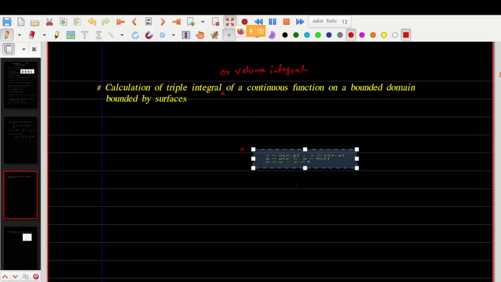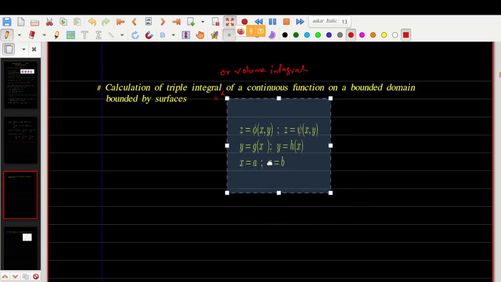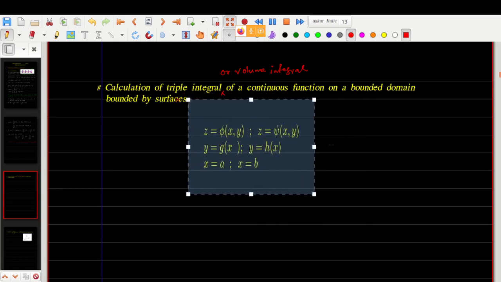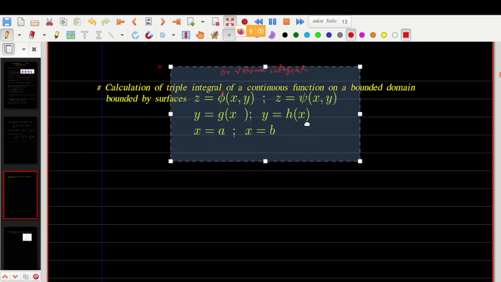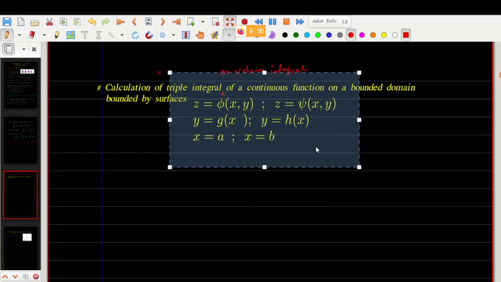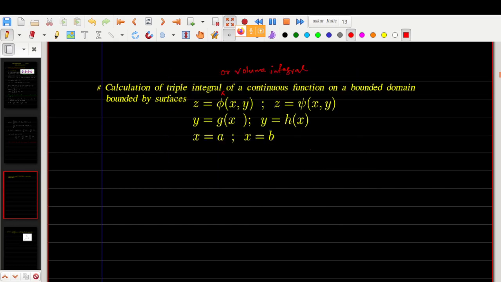So this is the surface that is given to me. And you can also say that the functions phi and psi satisfy phi of x y less than or equal to psi of x y, and g of x less than or equal to h of x, and obviously a less than b.